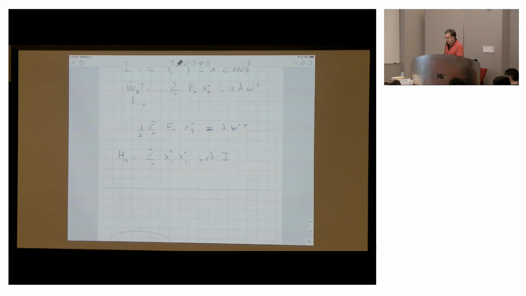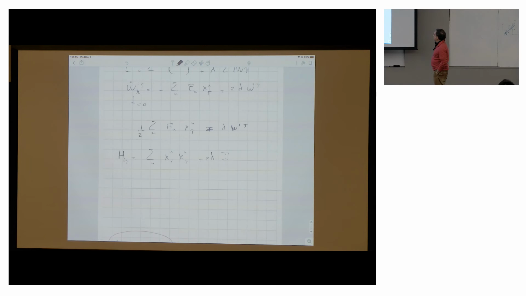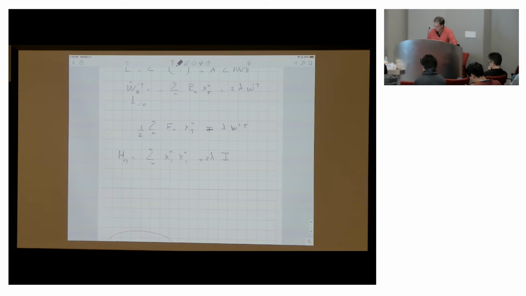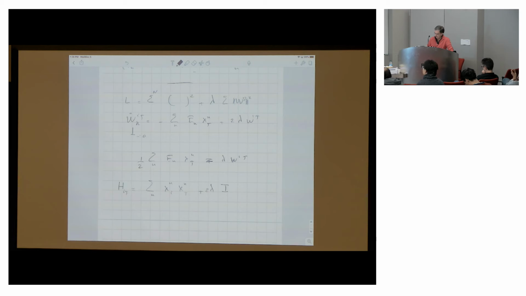And so this says that for arbitrarily small lambda, you have a stationary solution, an equilibrium point, and this one has the property of being the solution of minimum norm.